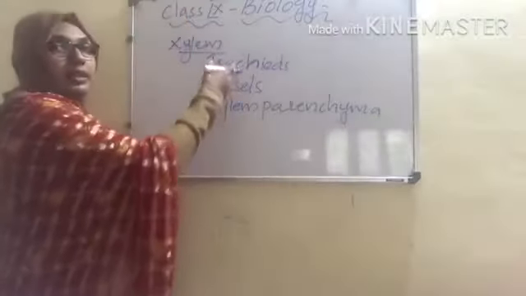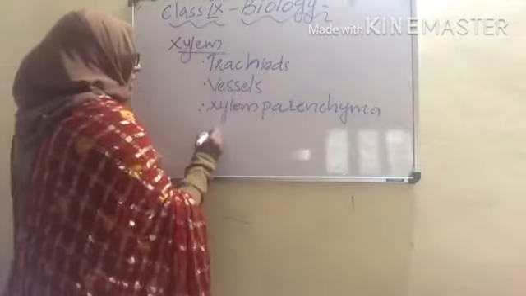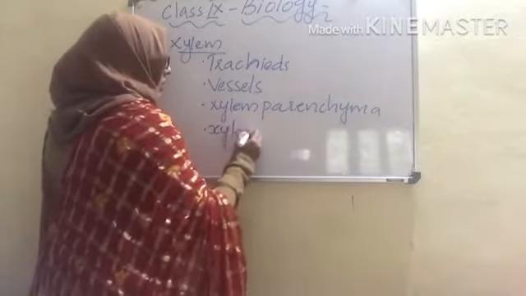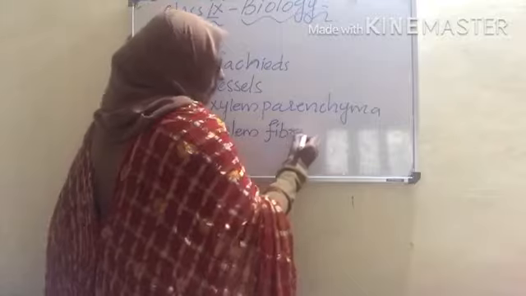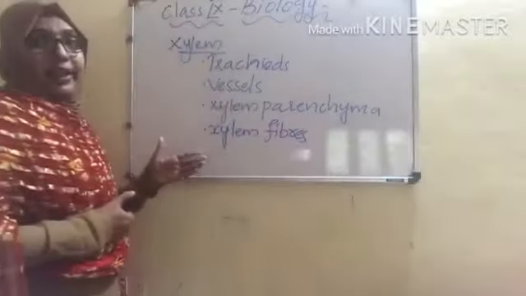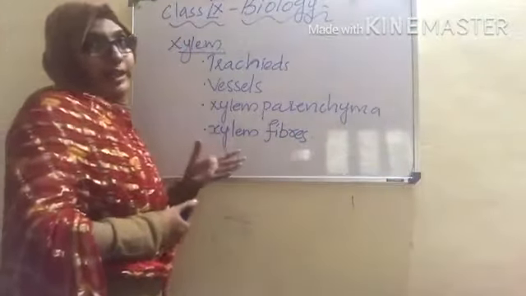Simply you can tell this as tracheids, vessels, xylem parenchyma and xylem fibers. So these are the four elements of xylem.